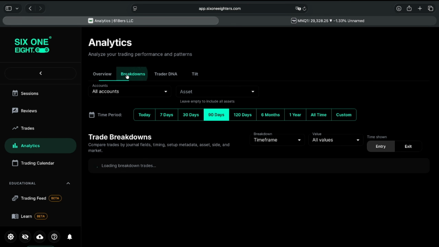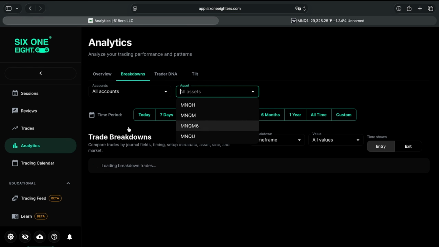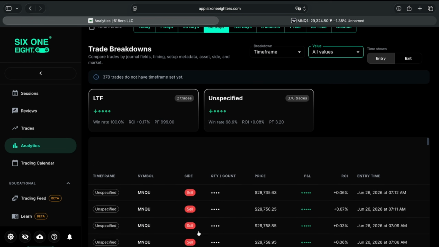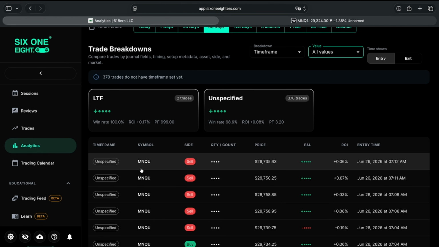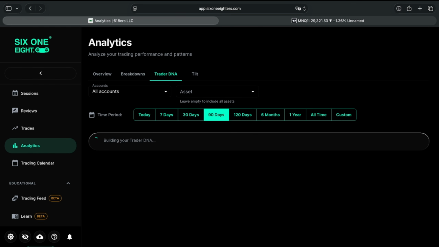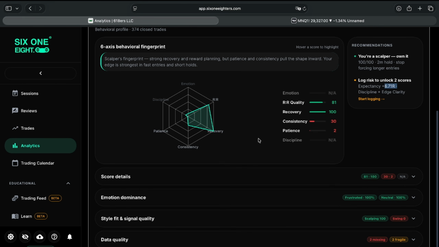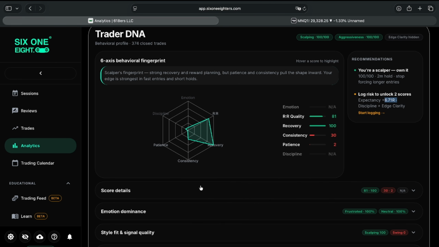You can also filter by an asset or a tag, and look at certain trading styles and figure out, oh, this is actually working really well, or this is not working at all. What is more important, I feel, is the trader DNA. For example, I'm a scalper, so my average holding time is 2 minutes. My expectancy is 6.7 RR, and here you can see my consistency, my overall behavioral fingerprint.